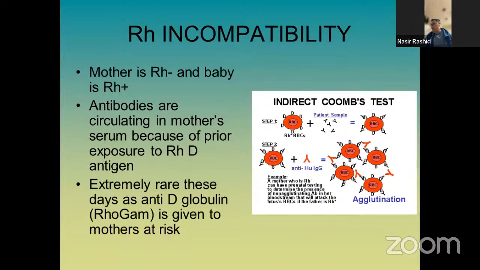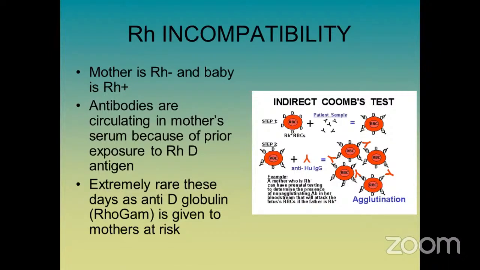That's why it is called an indirect Coombs test, because the antibodies are not coated on the red blood cells. Remember, in ABO incompatibility, the red blood cells are already coated with antibodies. In Rh incompatibility, the antibodies are in the circulation, and once they bind with the red blood cells, that's when they cause the Coombs test to be positive.